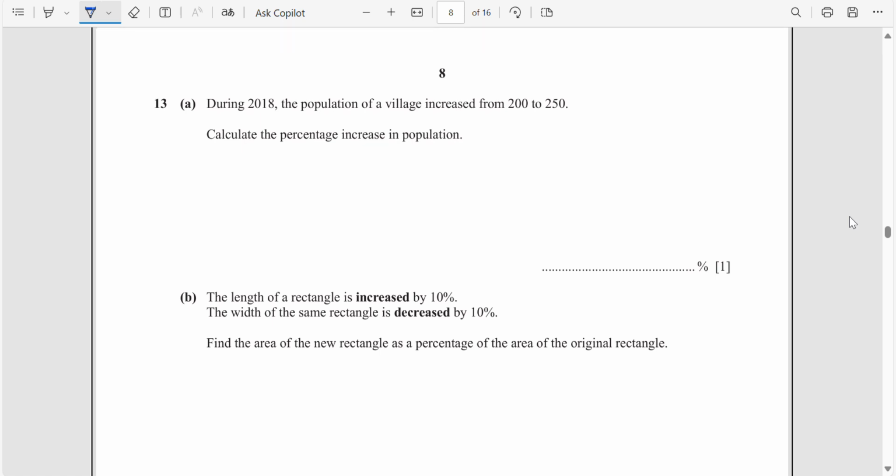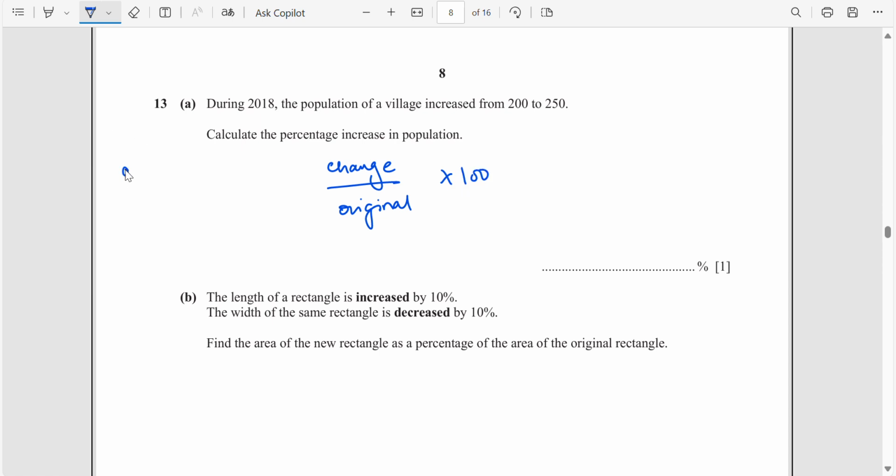During 2018, the population of a village increased from 200 to 250. Calculate the percentage increase. Now to calculate a percentage increase or decrease, the formula is the change divided by original multiplied by 100.